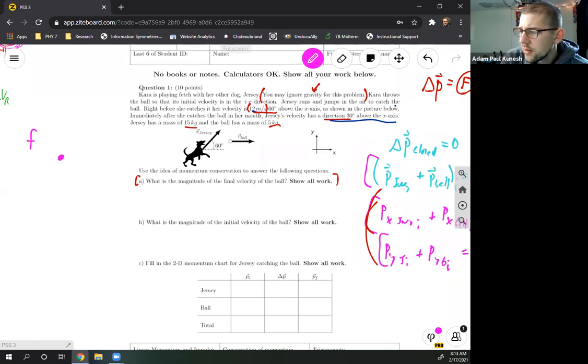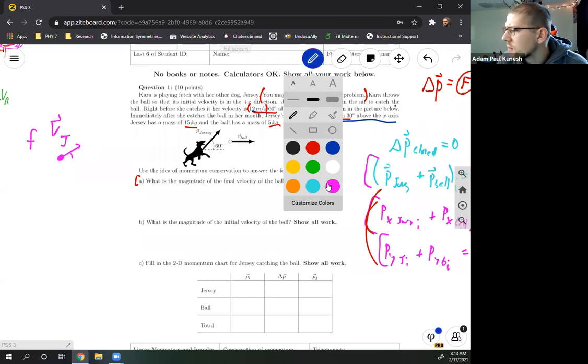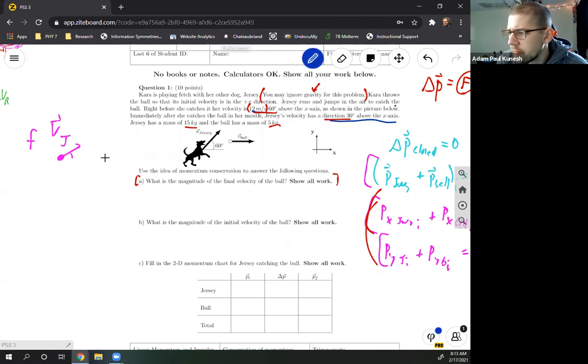I've got Jersey, and here's Jersey's velocity. It's something like 30 degrees above the x-axis. After Jersey catches the ball, the ball is in Jersey's mouth, so the ball is going to have a velocity in the same direction.